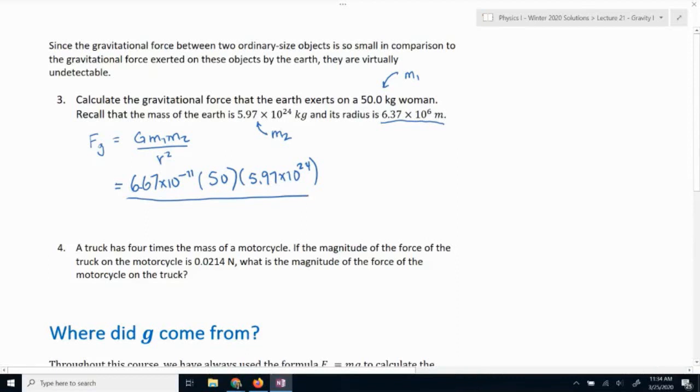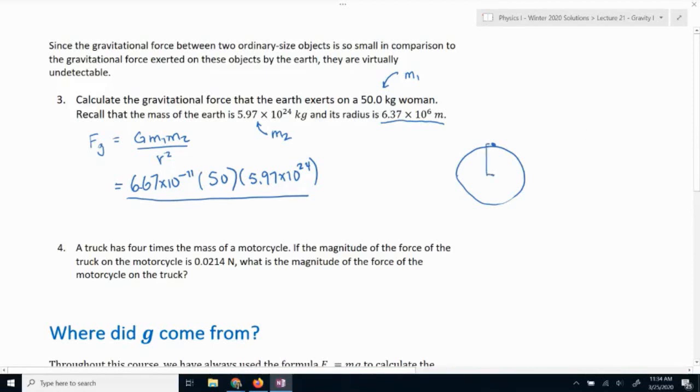Now, just to confirm everybody understands this R value, this is the Earth. This is the lady, the woman that's on top of the Earth. The R value is the distance from the center of one object, the woman, and the center of the other object, the Earth. So here's the center of the woman, and here's the center of the Earth.